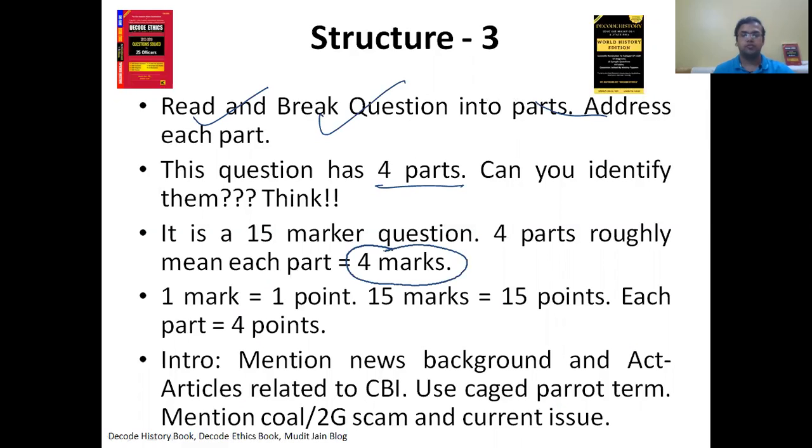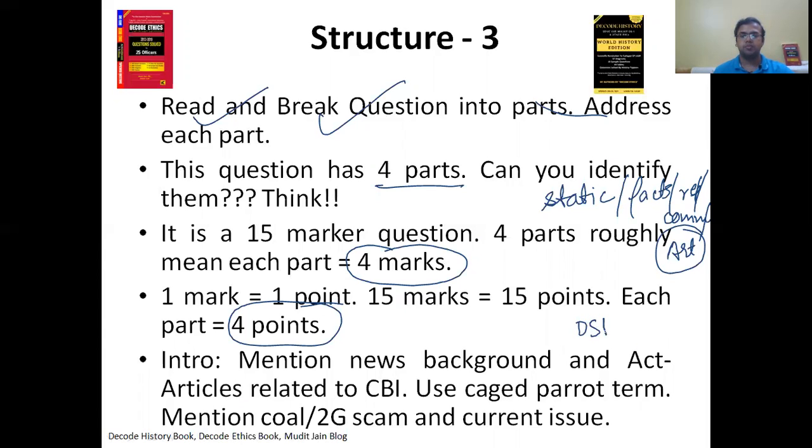4 marks for each part means 4 points each. Now, even in the most current based question, you have to write the static knowledge in the introduction: the facts, the reports, the commissions, articles, acts, etc. So I don't remember it clearly, but it is the Delhi Special Police Establishment Act, DSPE Act, under which CBI is functioning in India.